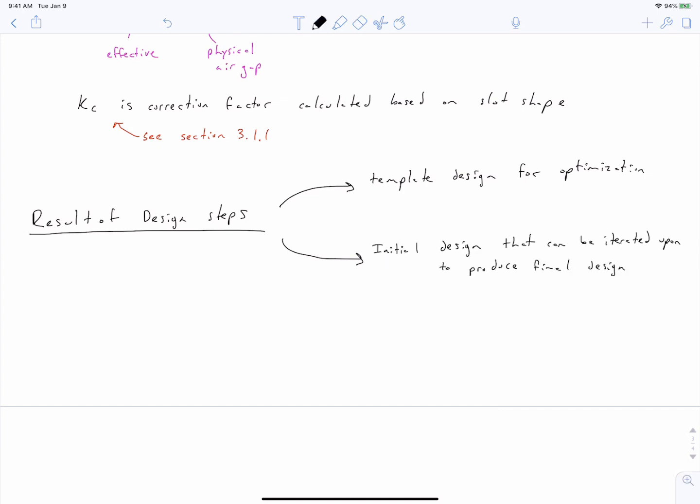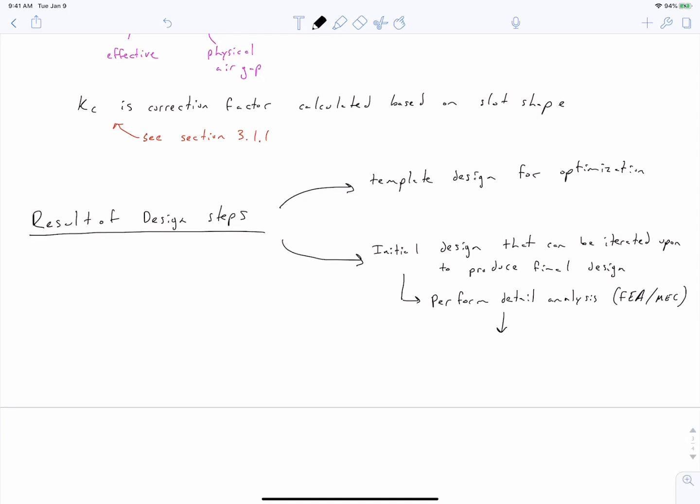And so what that might look like is you might take this initial design and you would then perform a detailed analysis, whether this is FEA or a magnetic equivalent circuit, to calculate the performance variables. And you calculate your performance variables, and then you decide whether it's good enough. If it's not good enough, you're going to tweak the dimensions of your design and perform another detailed analysis. When it is finally good enough, then you're done. You've got a design that you can build.